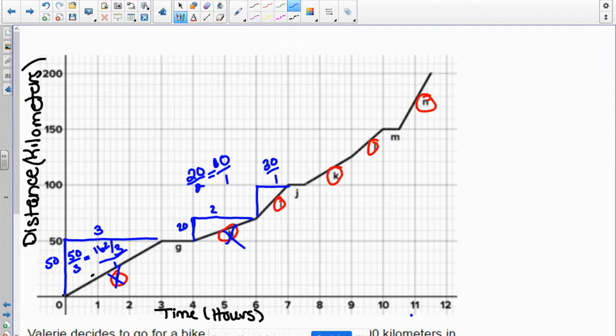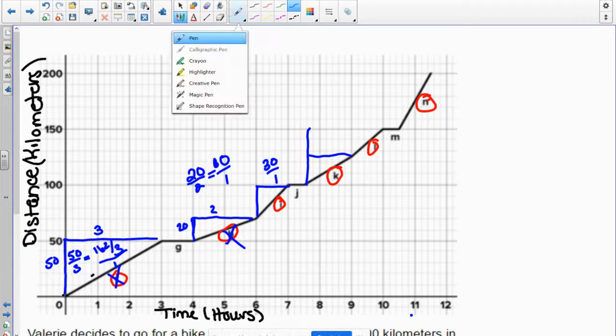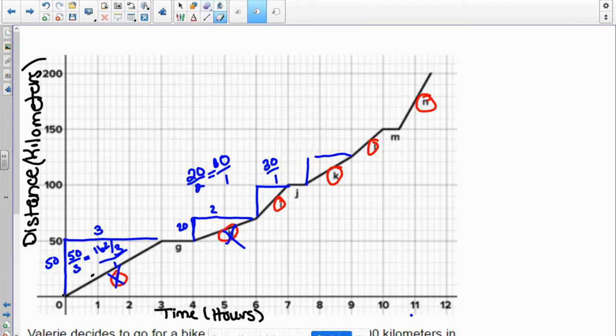K, looks like it starts here, and whoops, I went too far. Starts here and it goes to here. And some of these we might have to guess because they're not perfect. So this is 10, 20, maybe 25. We'll say it's 25 over, and then each of these looks like 2/10.